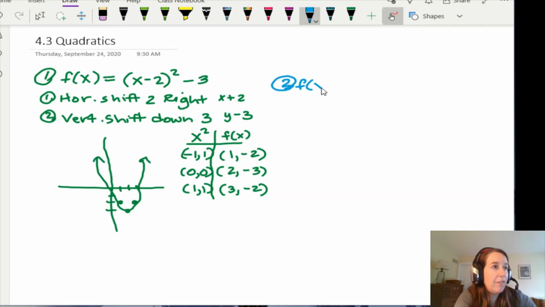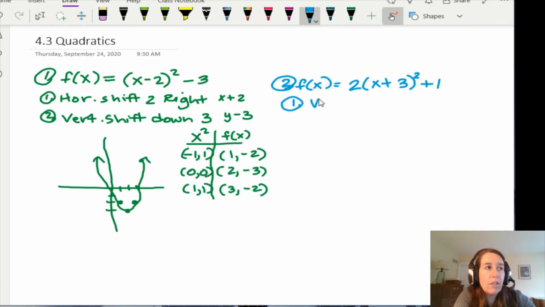We have f of x is equal to 2 times (x plus 3) squared plus 1. Okay, so looking at this in transformations, this 2 tells us that is a vertical stretch by 2. The x plus 3 tells us that is a horizontal shift, and that would be left 3.